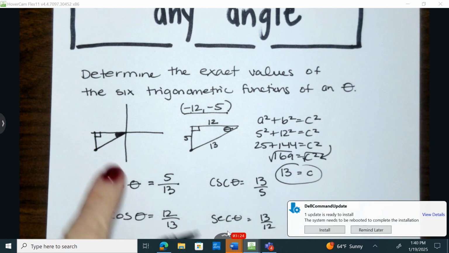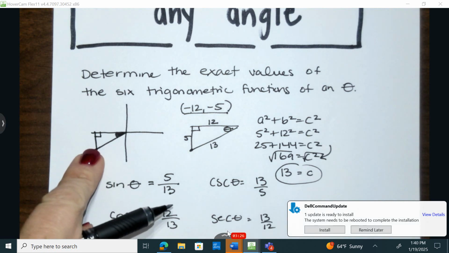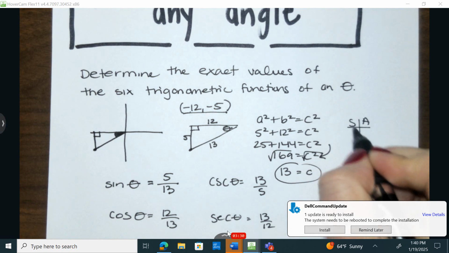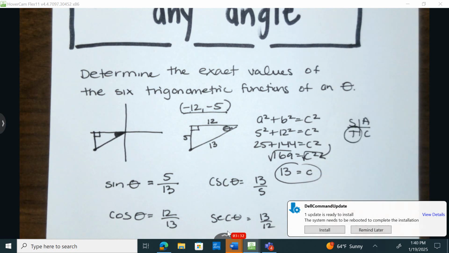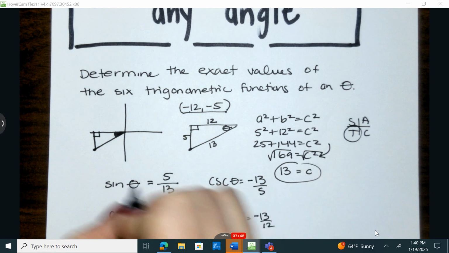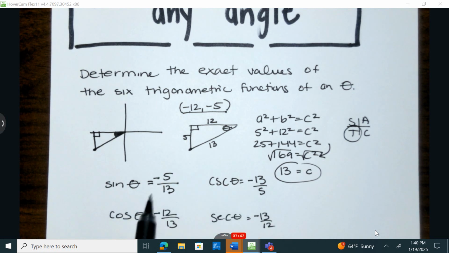Now in this quadrant, which is quadrant number 3, remember our acronym, All Star Trig Class. Only tangent and its reciprocal are going to be positive, so these will remain positive. Everything else needs to have one negative sign inserted. That negative sign can be written on top, in the numerator, in the denominator, or out front, but only one can exist.